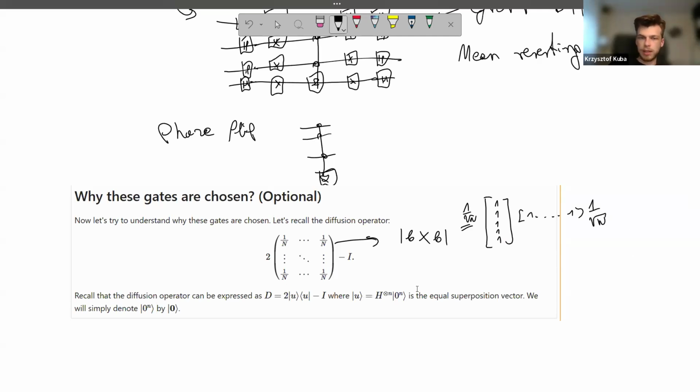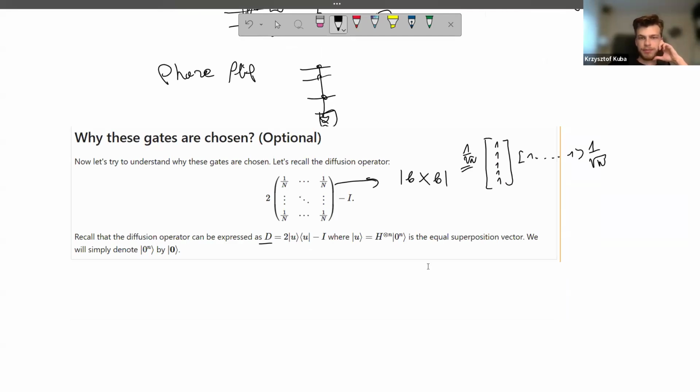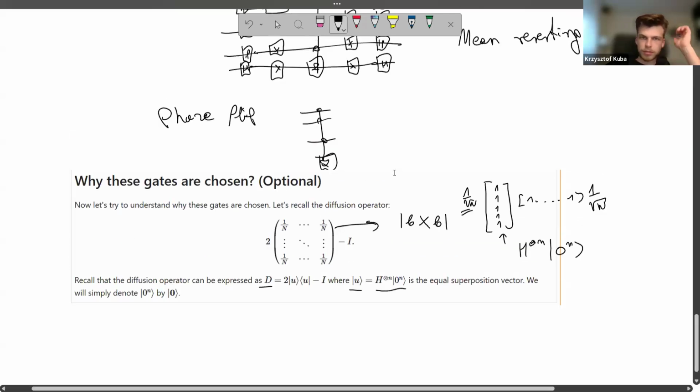So if you multiply, this becomes this matrix here, right? And then from that, there's an argument that the diffusion operator can be expressed as D, where U is those Hadamards, the vector of equal superposition. So this is exactly decomposed as Hadamard to the power of n.